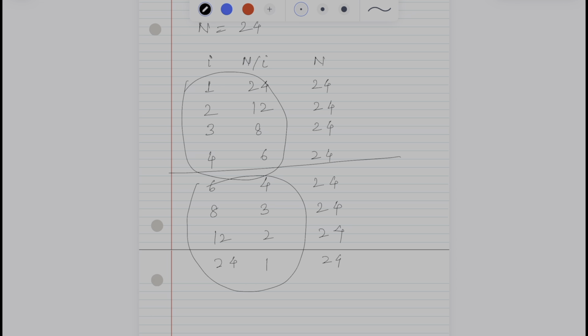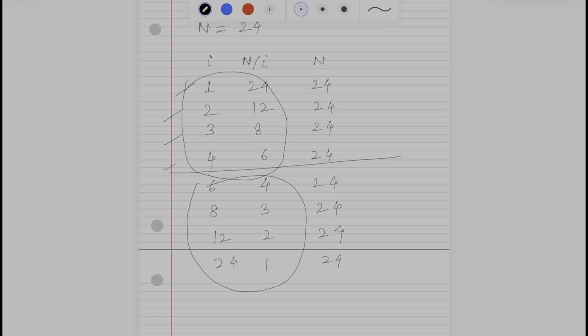It means we do not need to check all the factors from 1 to n to find whether it is a prime number or not, that is, whether the count of factors is greater than 2 or exactly equal to 2. So we don't need to check all the factors.